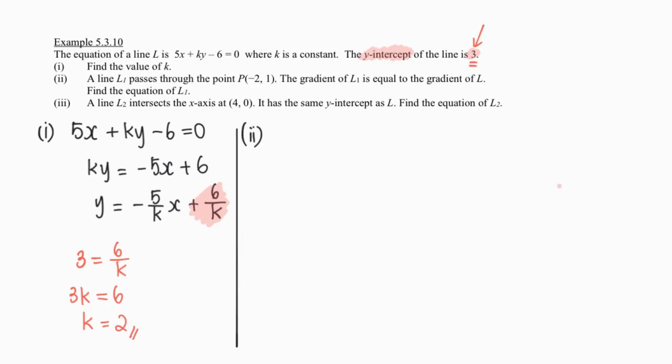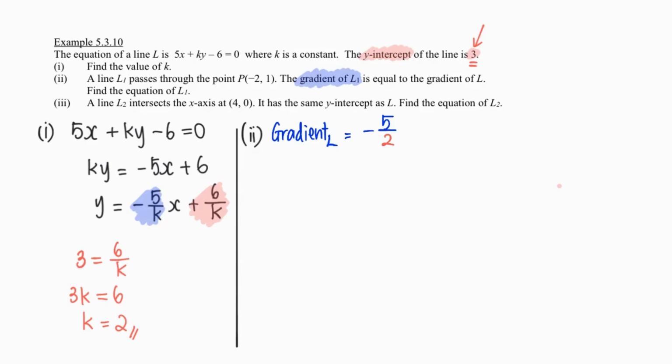Oh, a line. Line 1 passes through, not L, L1 passes through the point P. They give me the gradient. Wow, this is important. The gradient of line 1 is equal to the gradient of L. So of course I must know what is my gradient for L. It is negative 5 over 2.